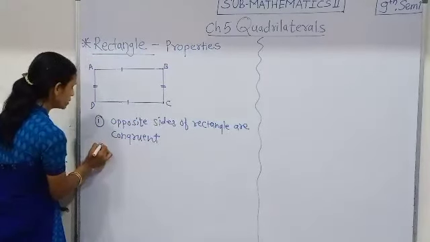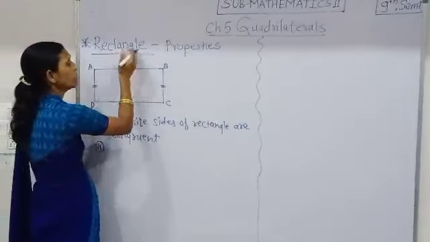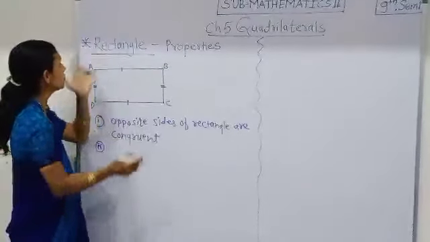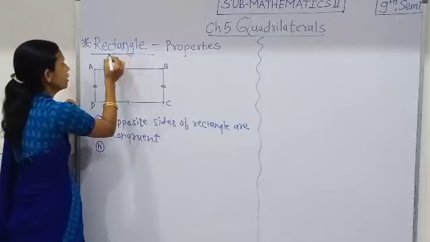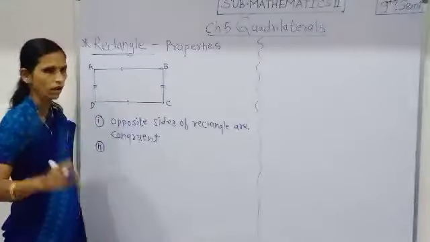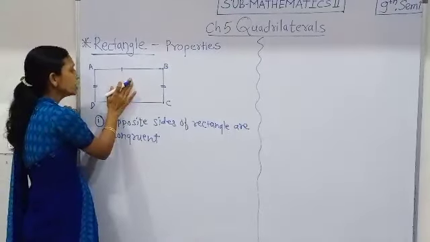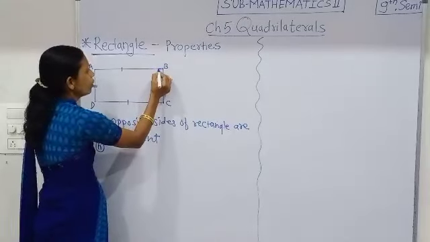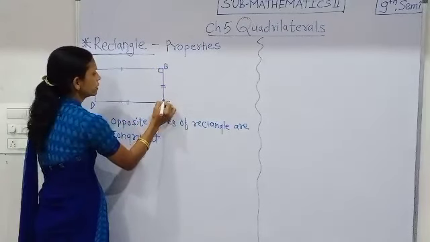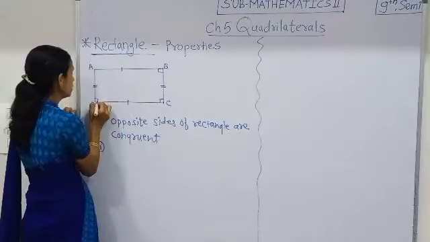Then the second one: what is a rectangle? The name itself indicates right angle. It is a quadrilateral of which all four angles are right angles.